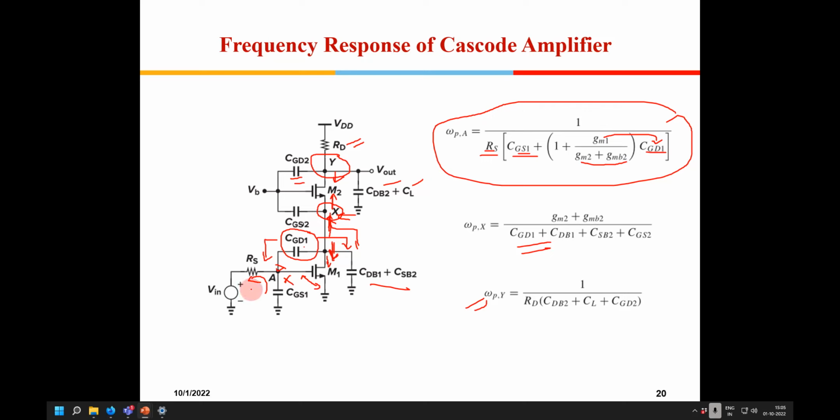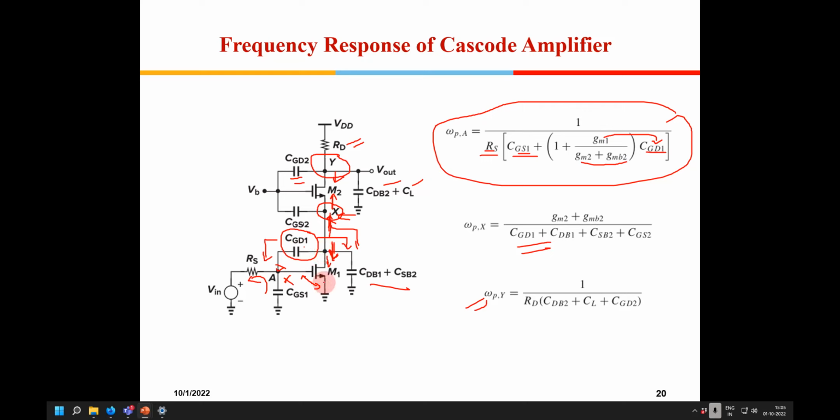No, when we are talking about the equivalent resistance as seen by a capacitance, in that analysis we remove the AC sources also, and remove the other capacitances also. Okay. Right, and then see. So when I see from the top, when I'm talking about CGS2, CGD will be removed.